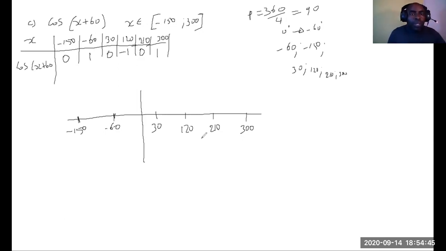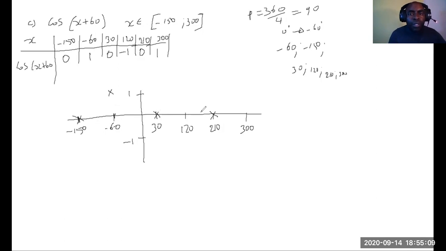Now our zeros are here. Our maximum is at negative 60. Here's 1, here's negative 1. At negative 60, we've got our maximum.